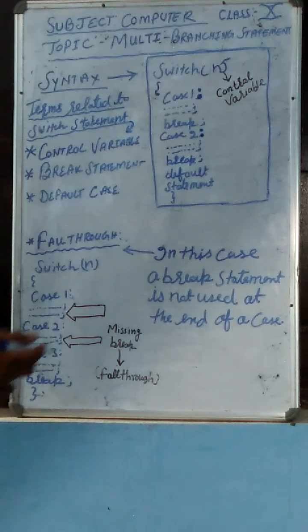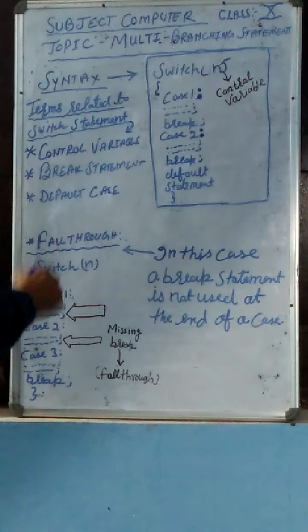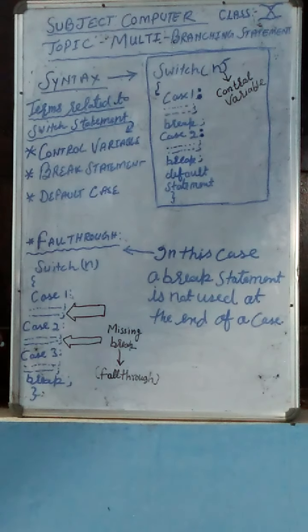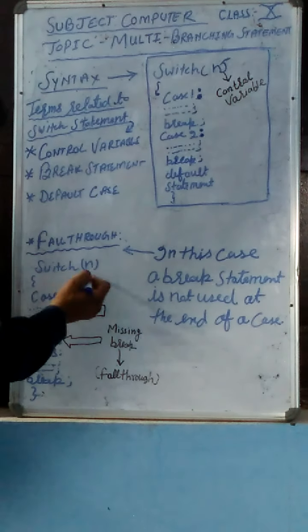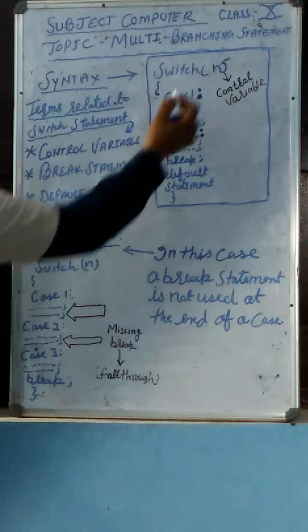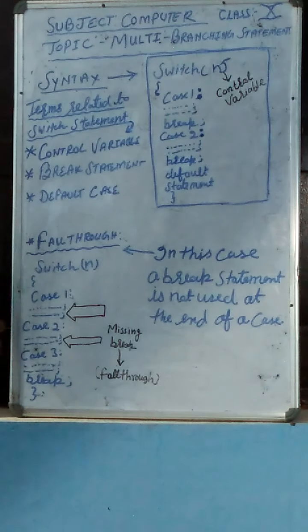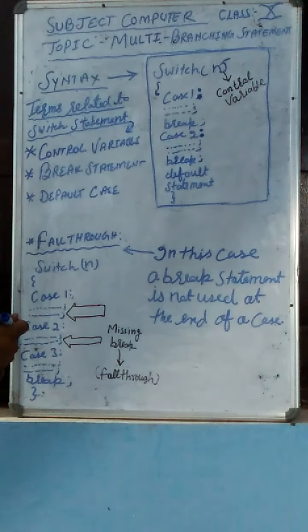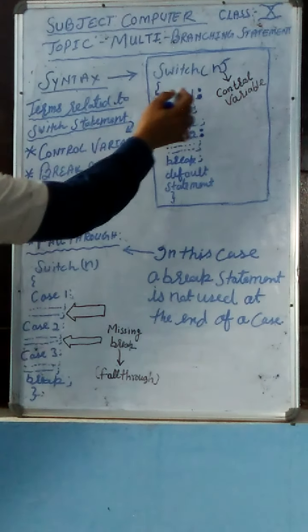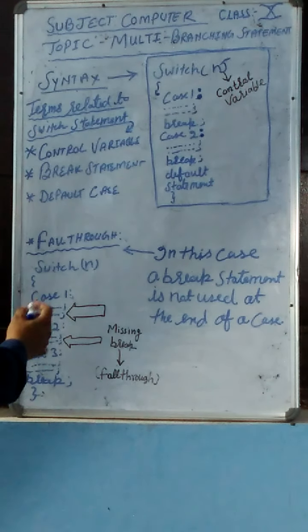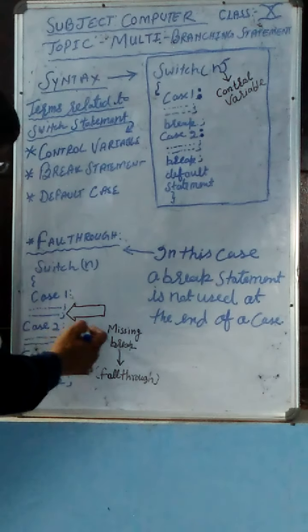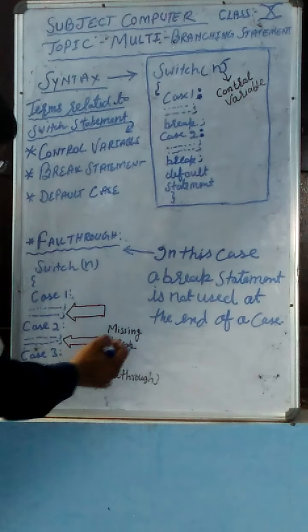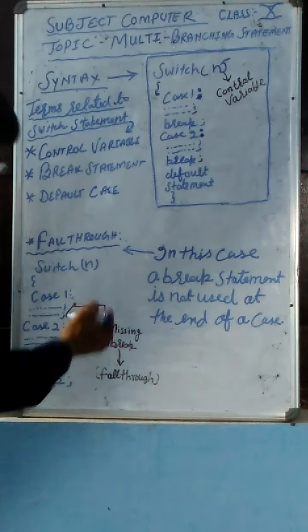Now, syntax. How can we use it inside programming? Switch and variable same, then open brace same. Then case 1 same, and this statement, and then case 2, and then case 3.